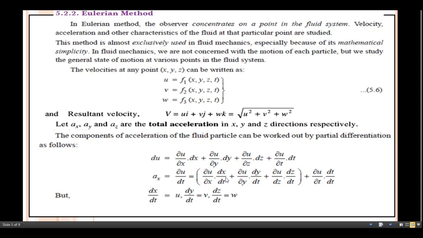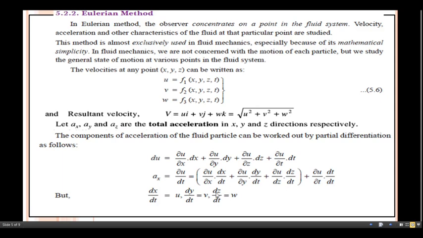Now what is the meaning of this? dx by dt is nothing but the rate of change of displacement along the x direction, which is the velocity in the x direction, so u. Similarly, dy by dt is the rate of change of displacement along the y direction, so v is the velocity in that direction. At the same time, we get dz by dt.